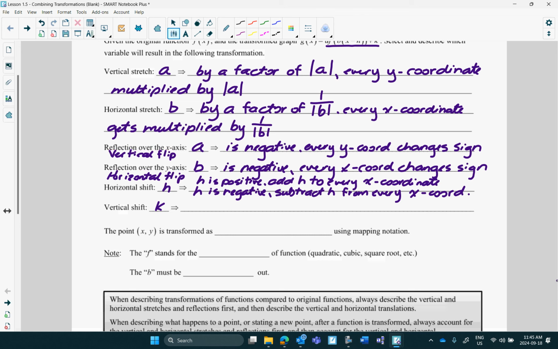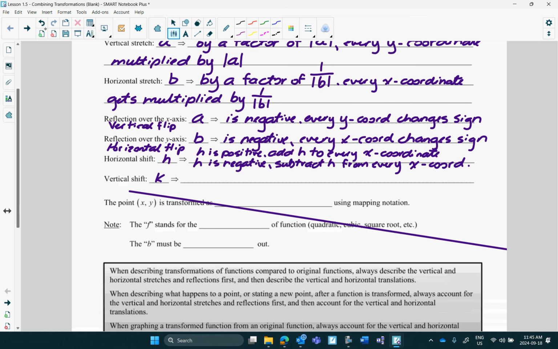So we've got to be careful with the horizontal stretches B and the horizontal shifts H. Otherwise, all the other ones just act normally. Like K. So if K is positive, we go up. If K is negative, we go down.